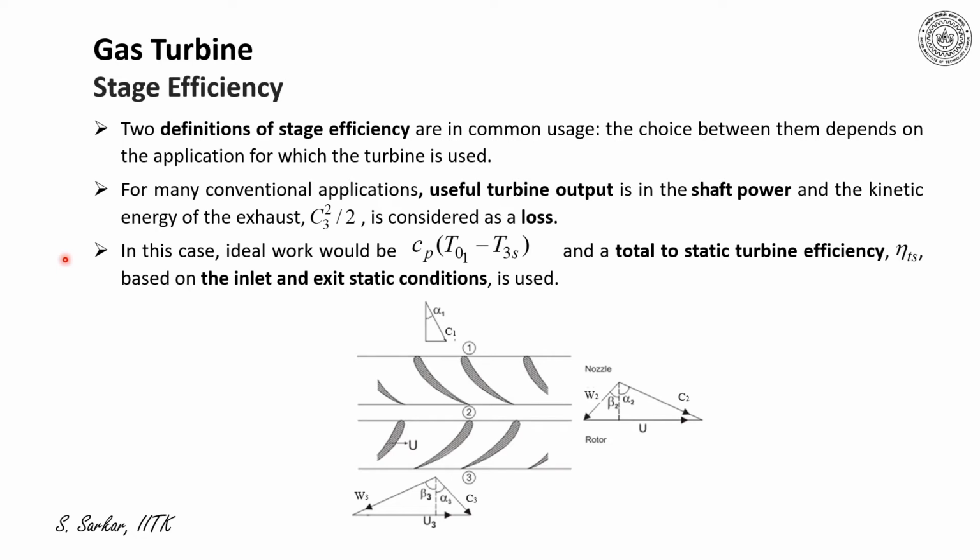Hence, in this case, the ideal work would be Cp into (T01 minus T3s), where T01 is the inlet total temperature and T3s is the ideal static temperature at exit, and thus a total to static turbine efficiency denoted as eta Ts, based on the inlet total and exit static condition, is used.